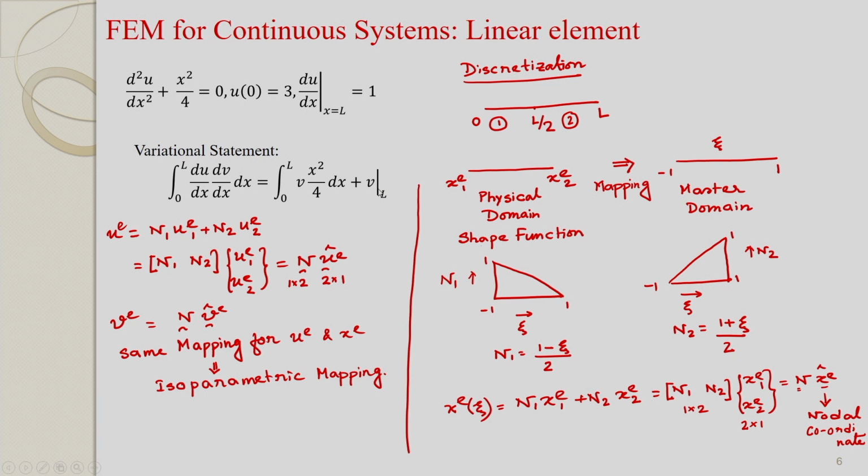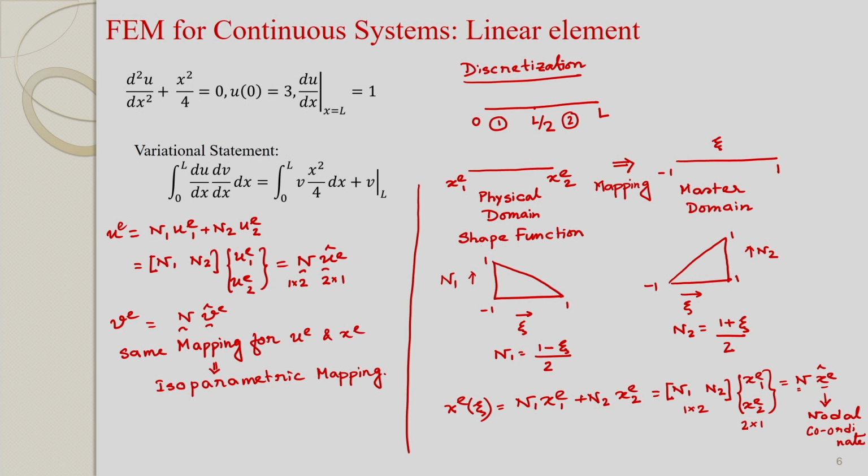Therefore, the boundary term at x equal to 0 is not there, and the Neumann boundary condition is at x equal to L. If you do integration by parts, you will see the boundary term will be v du dx. So, du dx is 1, therefore, at x equal to L, this boundary term remains. So, the Neumann boundary condition always appears in the variational statement.